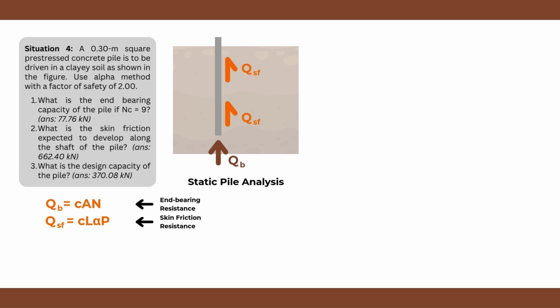L from CLAP naman stands for the length submerged or driven in the soil layer. Yung alpha natin is the factor used for this method, and P stands for the perimeter of the cross-sectional area of the pile.